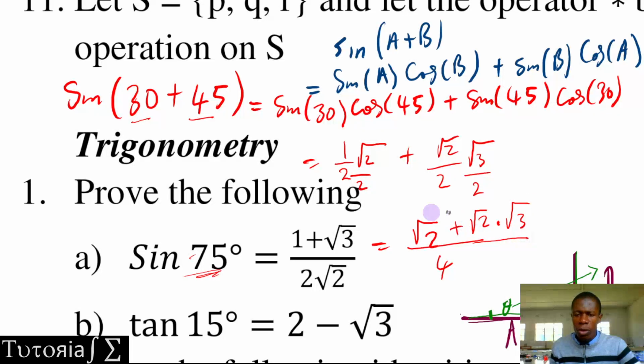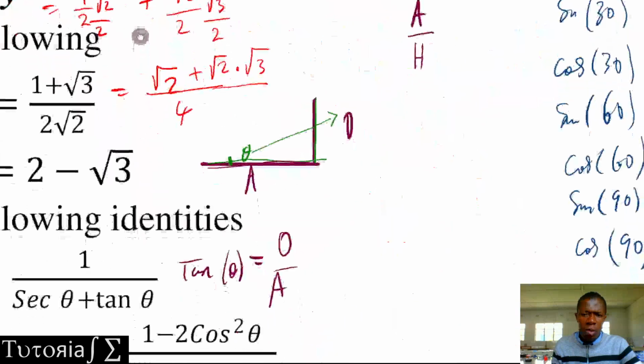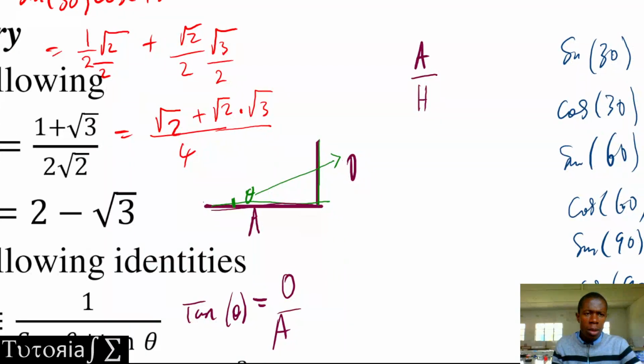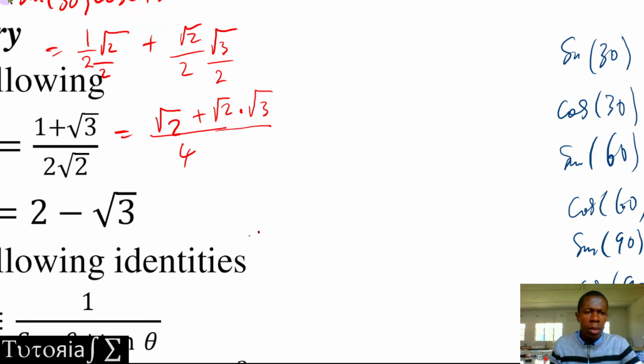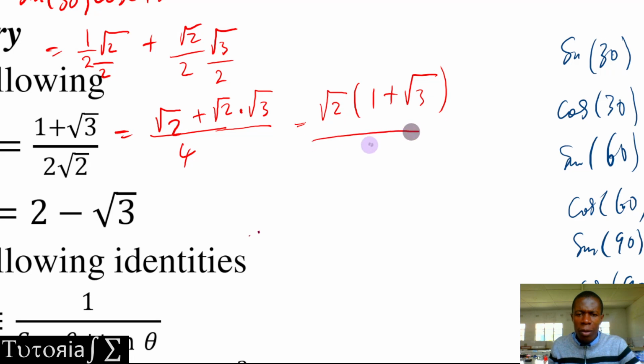Since root of 2 is on top here, we can simply factor it out. Let's factor out root of 2, and we remain with 1 plus root of 3 over 4.